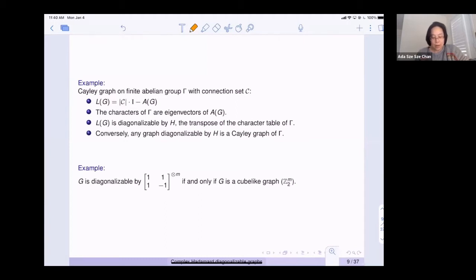Now we know that the characters of this group are eigenvectors of the adjacency matrix. So the Laplacian matrix, being a multiple of I minus A, would again have the characters of the group as eigenvectors. So if I write down this matrix H, which has the columns being the characters, or which is just the transpose of the character table of our group, then the Laplacian of the graph is diagonalizable by H.